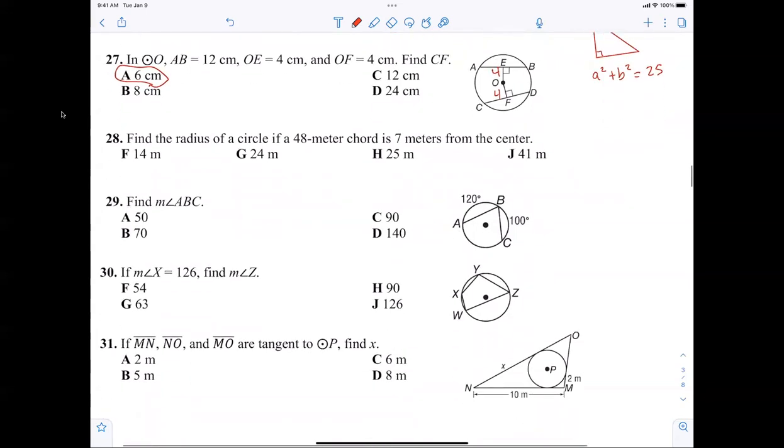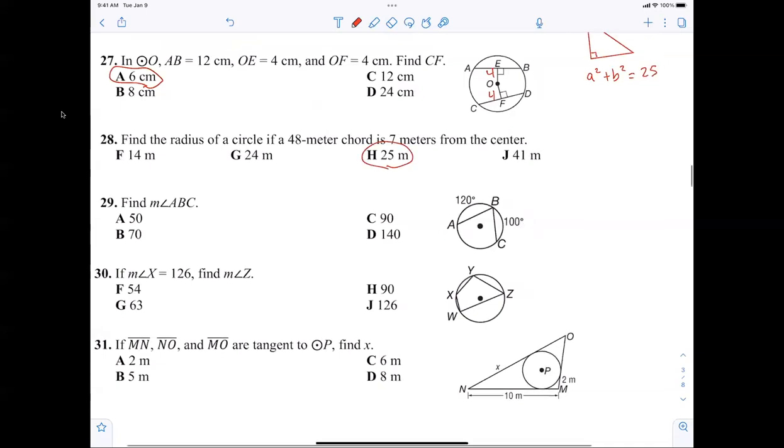Find the radius of a circle if a 48-meter chord is 7 meters from the center. This one might be a little bit tricky. What is it? Yeah, it's 25. All right.